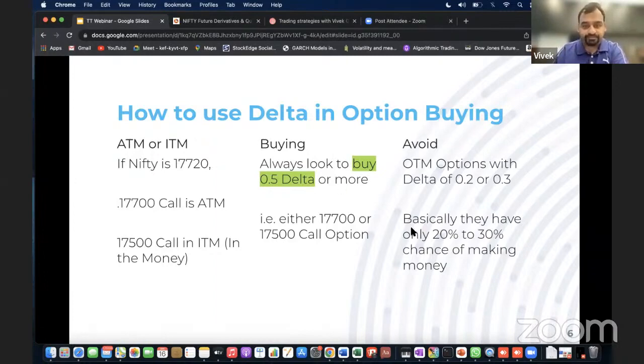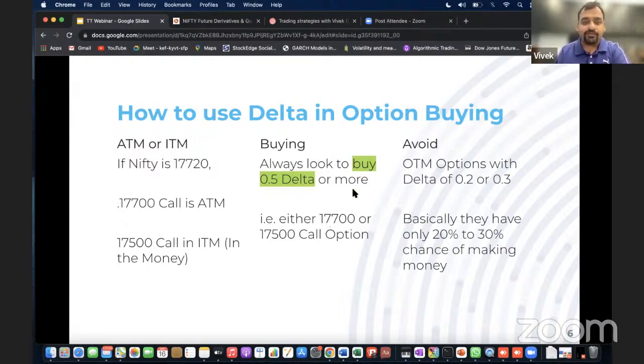For example, right now, if there is a 17,500 call, I may buy that, or I may buy a 17,300 call. So 17,300 or 17,200 may have a delta of about 0.65 to 0.7. So if Nifty goes up 100 points, that option is expected to go up around 60 to 70 points.